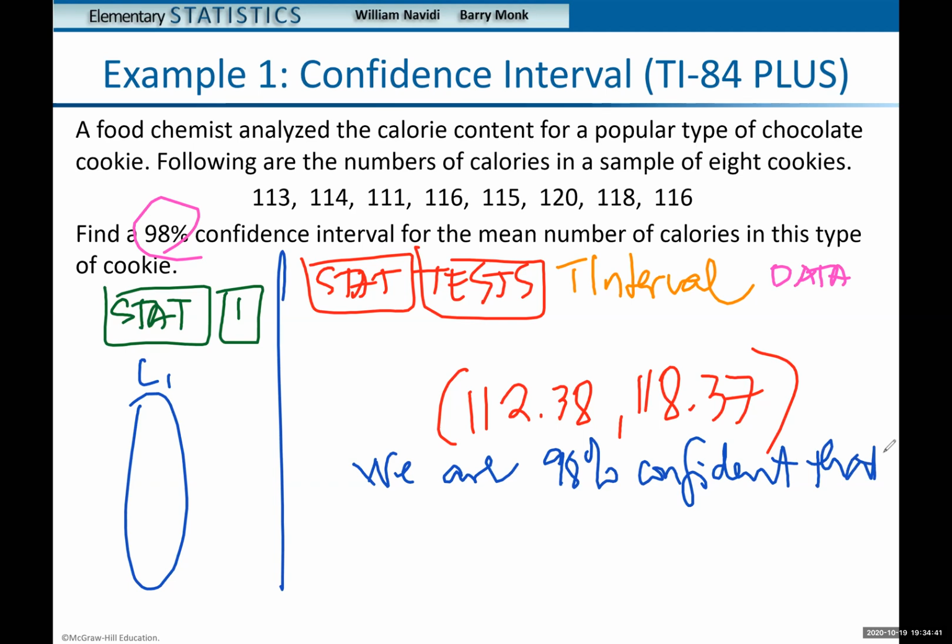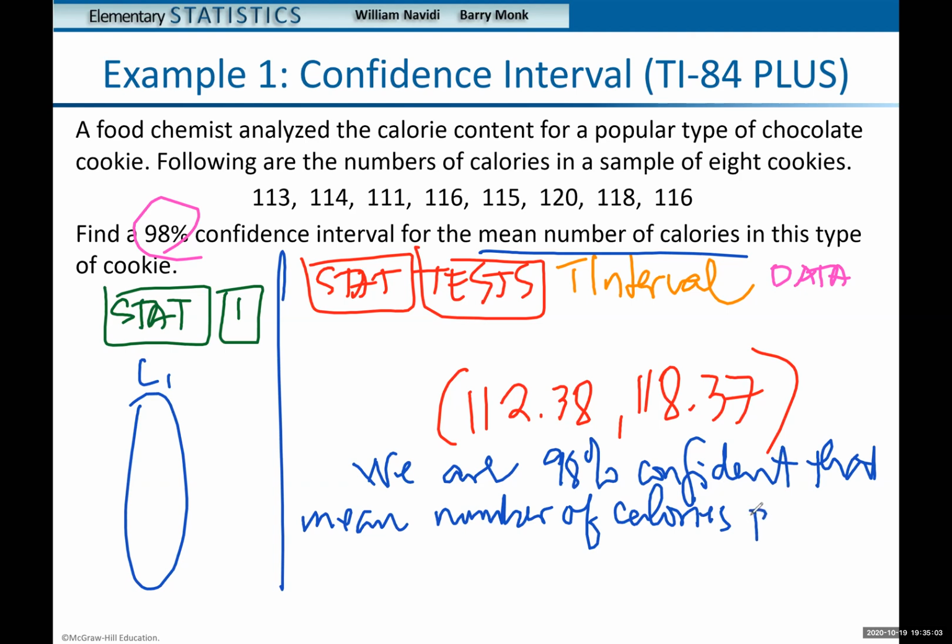It is always in the last sentence: you constructed a confidence interval for the mean number of calories in this type of cookie. You can copy that.